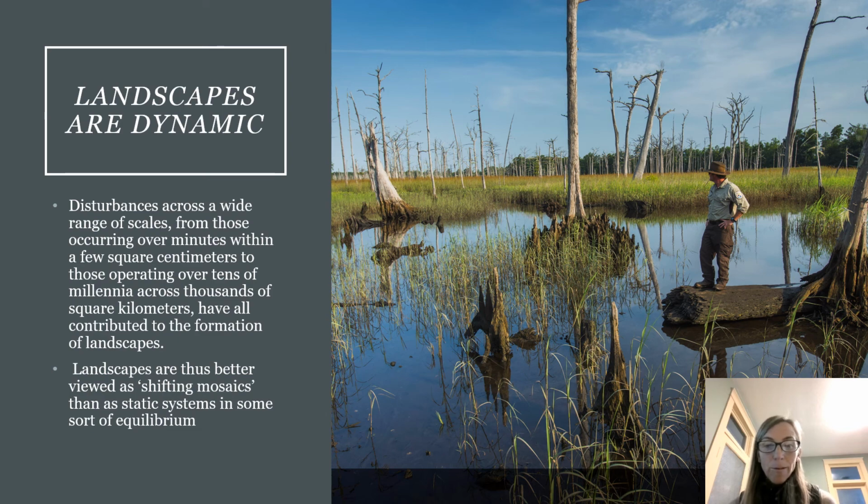So landscapes are really better viewed as shifting mosaics than as static systems in some sort of equilibrium. When we think about the dynamic nature of landscapes, it's good to think in terms of both the spatial and the temporal scale.